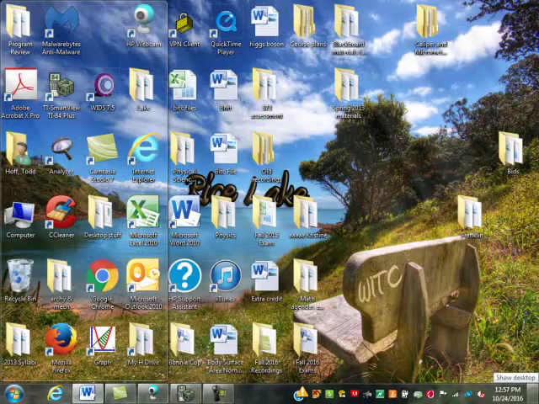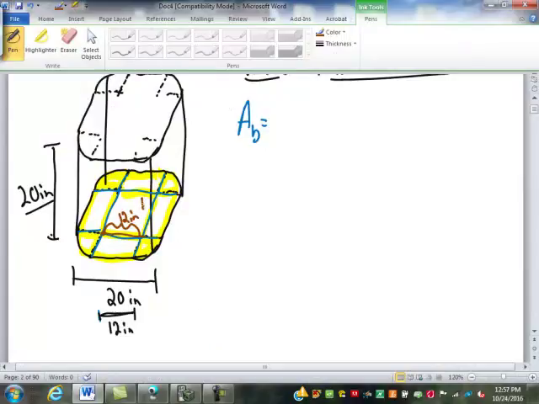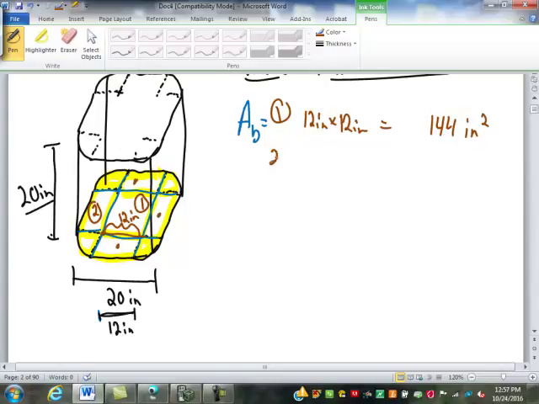Okay, so for the area of my base, piece 1 here is going to be that rectangle that's 12 inches by 12 inches. I'll label this correctly. Otherwise known as 144 inches squared. Piece 2 is going to be each of those. How big are those pieces?